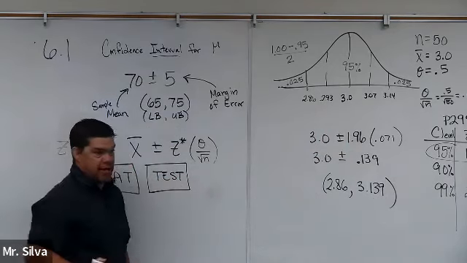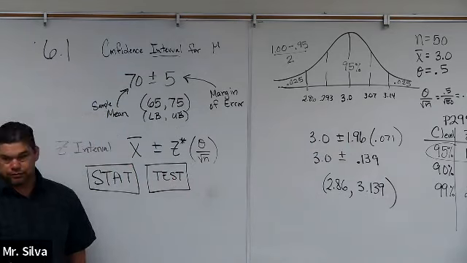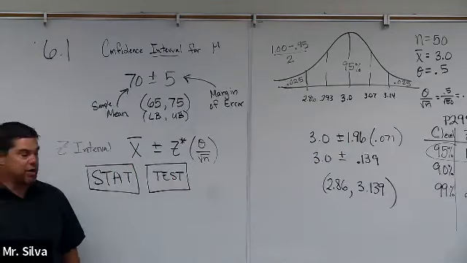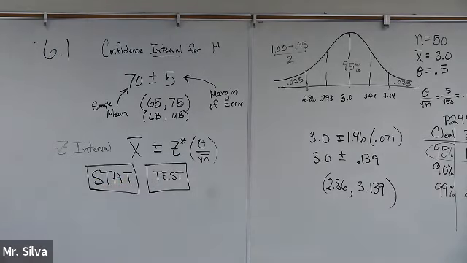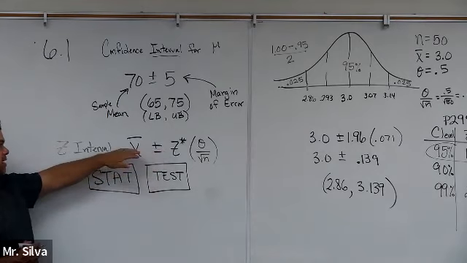We press the stat button to get there. But then we go to test. What kind of tests are we going to do? Well, there's the Z test, there's a T test, and there's a 1 sample and 2 sample T test. We're not testing yet. This is not a test. This is called an interval.